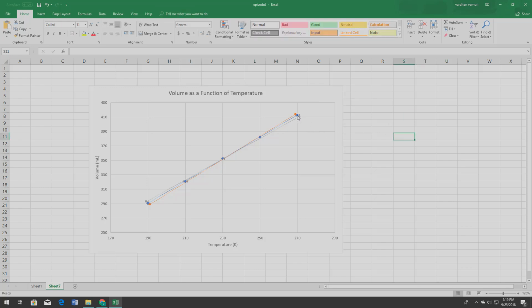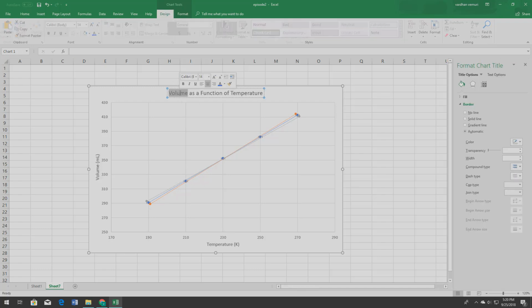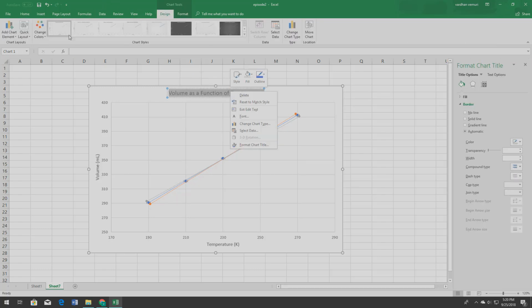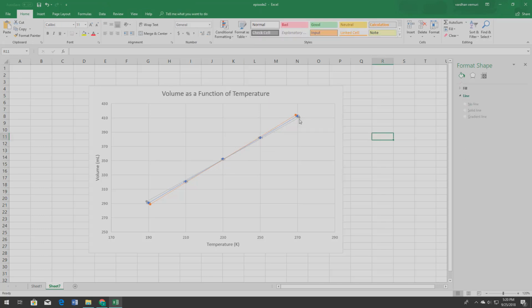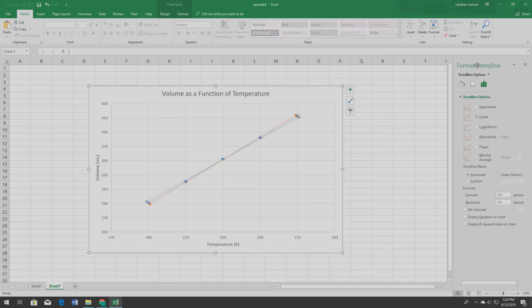All right. So again, we're going to increase the size of this font, and then do the same right here to the title. Now to pull up your equation label, you're going to click on your desired trend line, go to Format Trend Line, and then Display Equation on Chart, and also the R-squared value.